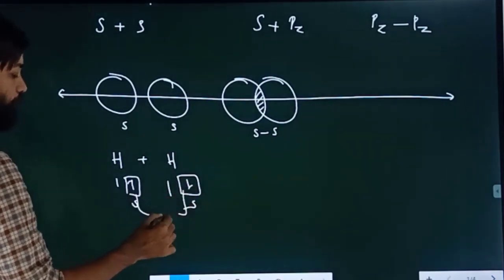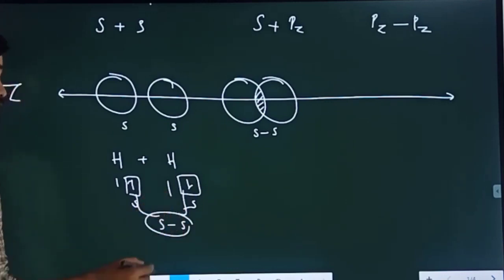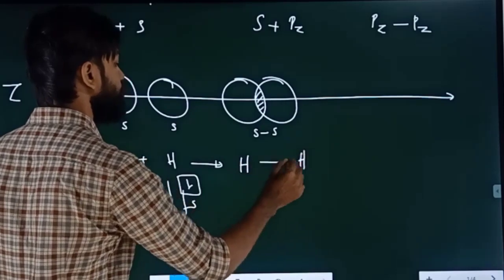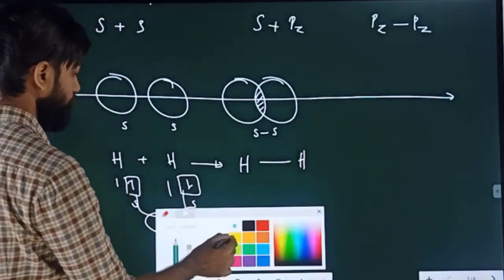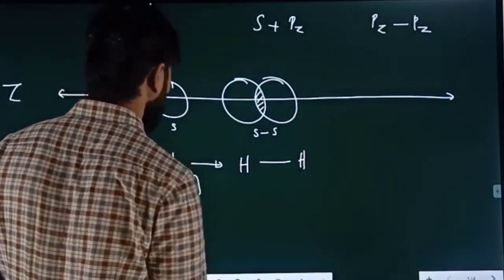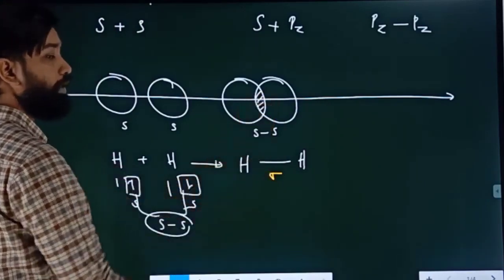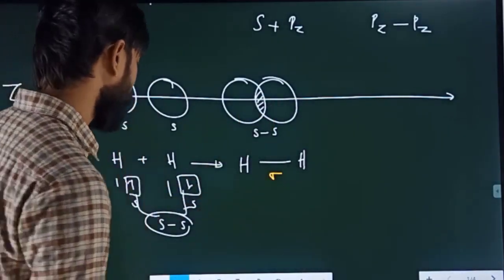If they get overlapped, there forms SS overlapping, and we all know that when they get overlapped, there forms a single bond. That single bond should be a sigma bond because the overlapping is end-to-end overlapping. Ready? Fine.